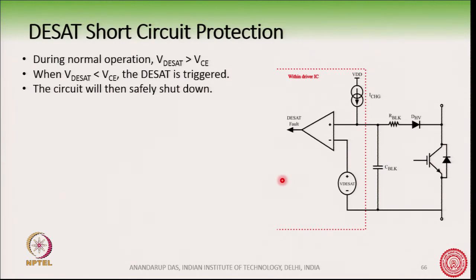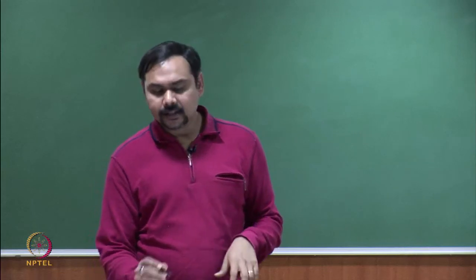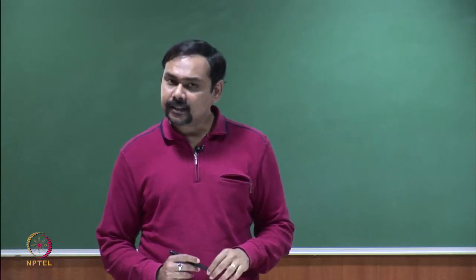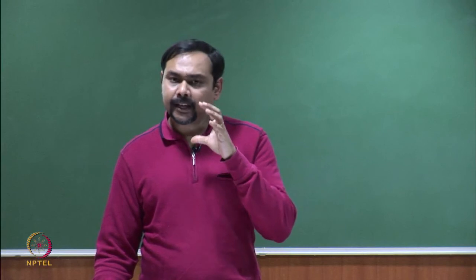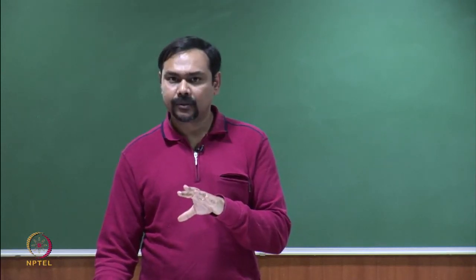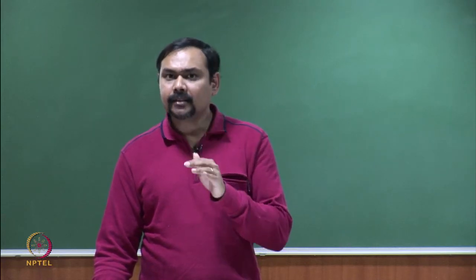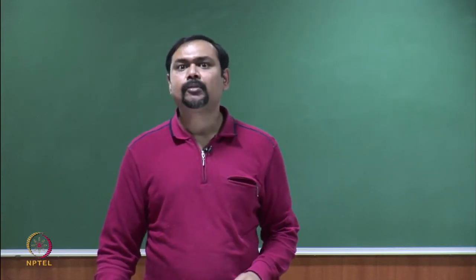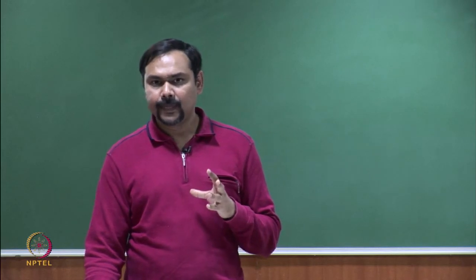So, there must be a delay inserted in the circuit. Why the delay? Because we would like to wait for the IGBT to fully turn on, and then this DSAT protection should get active.